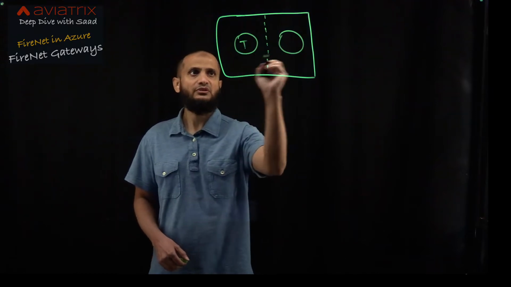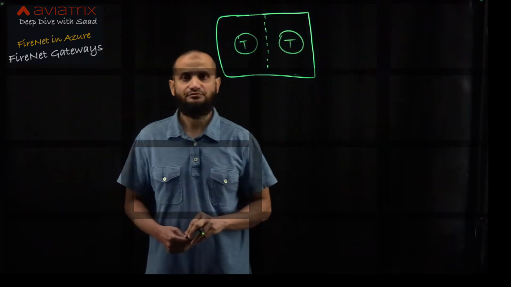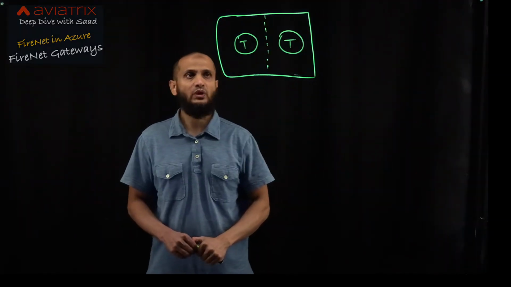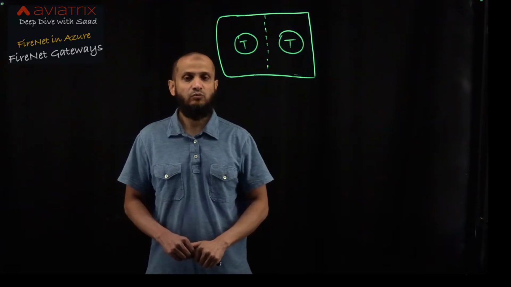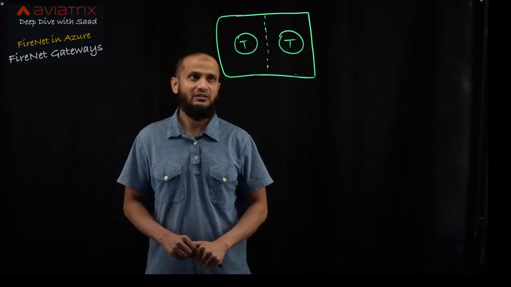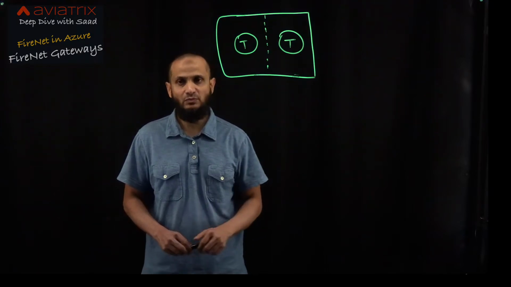So that becomes your transit primary, that becomes your transit HA gateway. So what happens when Azure does not support availability zones? At that point, the Aviatrix controller is going to create the transit FireNet gateways in availability sets automatically, so you don't have to do much.